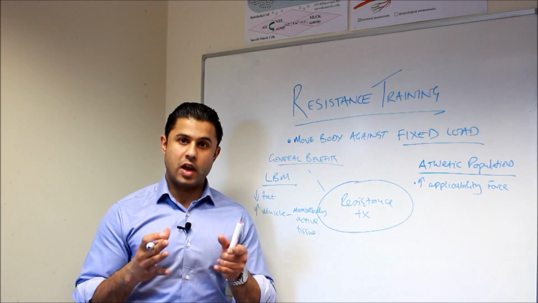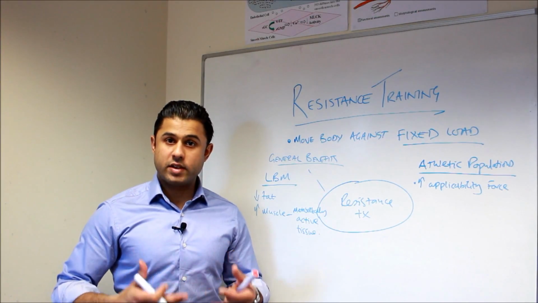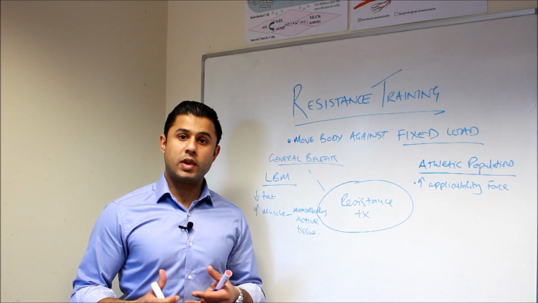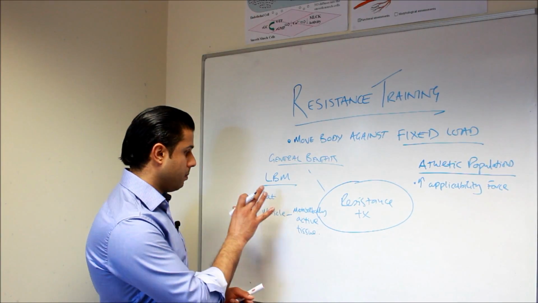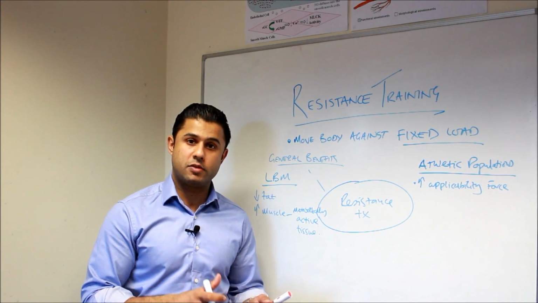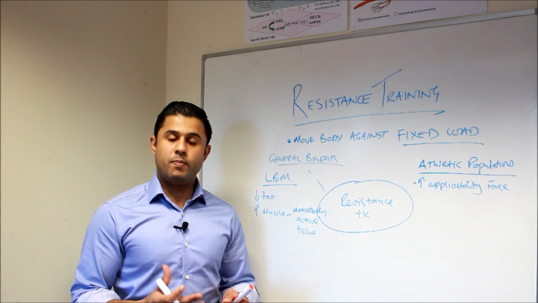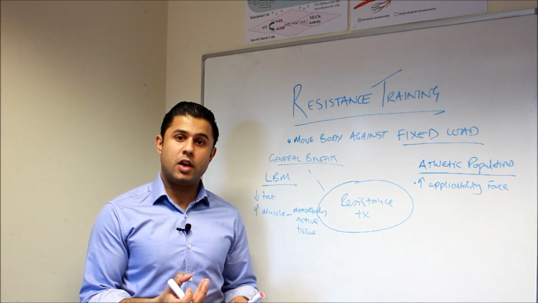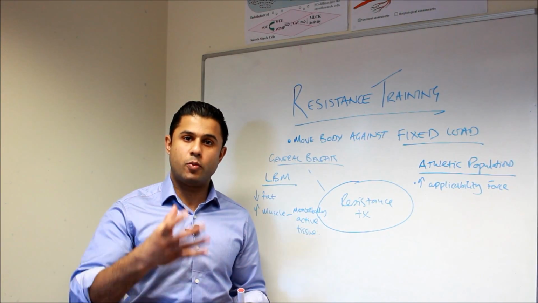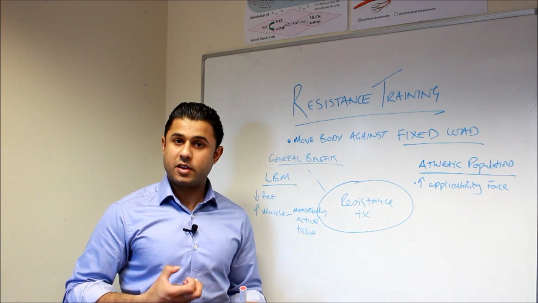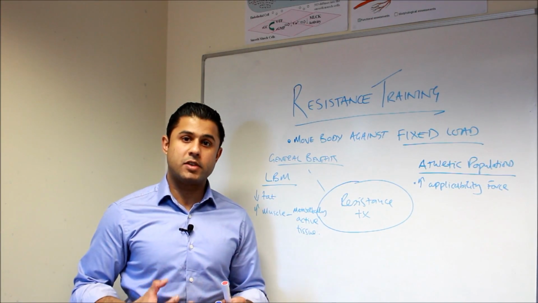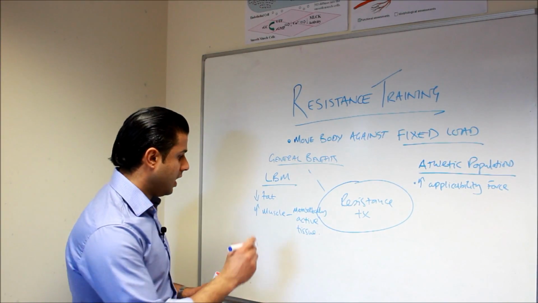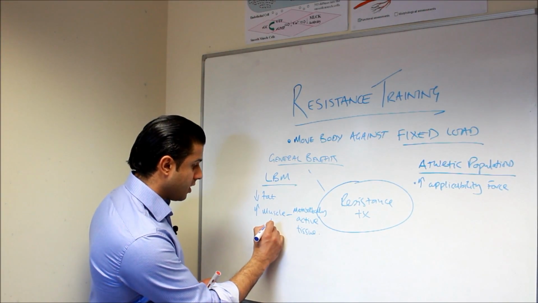It means that when you're at rest, if you've got greater lean body mass, you're consuming more calories at rest than if you had the same height and weight, but you had mainly fat and less muscle. Okay, so the muscle is always consuming calories, and that's good because it means that whatever you're consuming gets burned up much more than if you only had fat. So your resting metabolic rate is greater if you've got an increased amount of muscle mass.